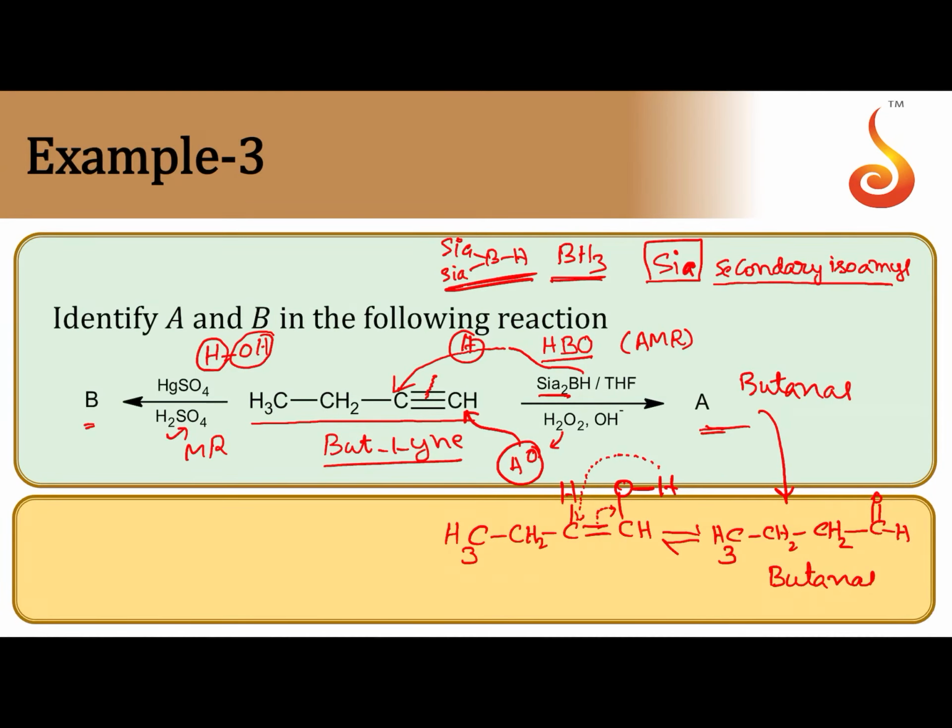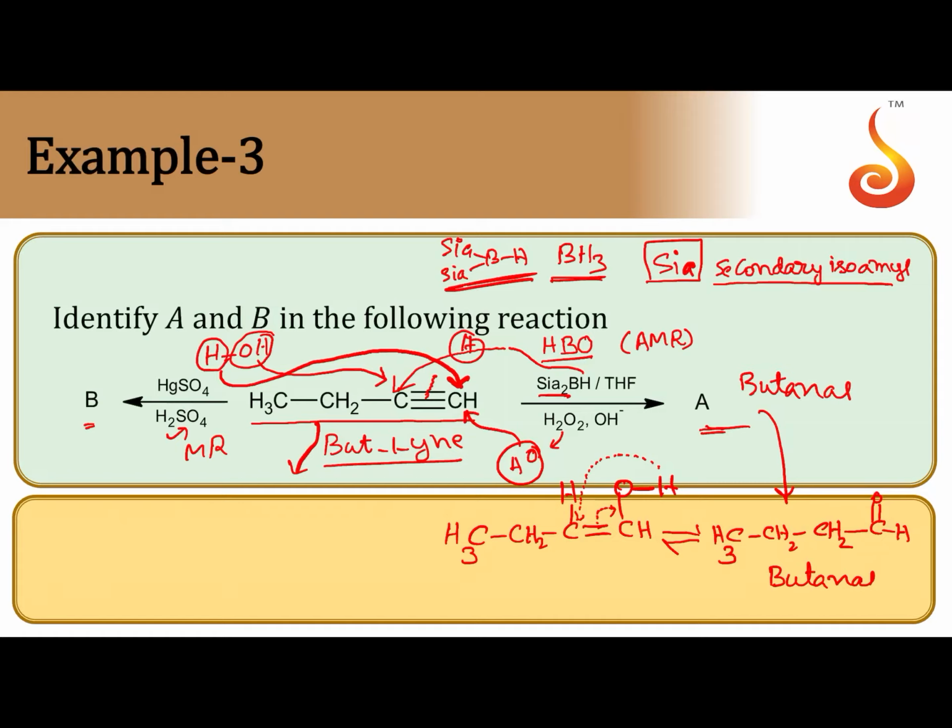This is butanal. Coming to B, addition of H and OH occurs according to Markovnikov's rule. So H is going to the triply bonded carbon with more hydrogens. Here more means one hydrogen. OH prefers to go to the carbon with fewer hydrogens.